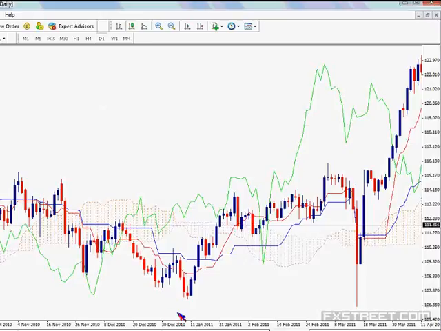A bullish signal would be this one, when the red one crosses the blue one from below. Conversely, a bearish signal is given when the blue one crosses the red one from above. The other contrary way. In this particular case, the red one is crossing the blue one to downside, and we are getting a bearish signal.